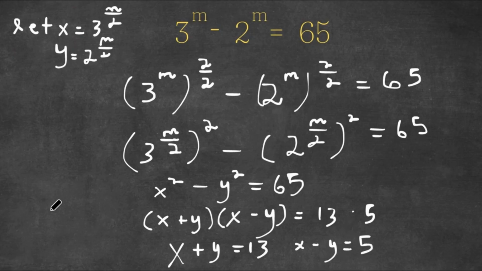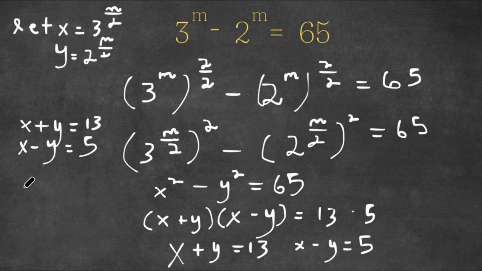So now if I add these two together, x plus y is equal to 13 and x minus y is equal to 5. If I add these two together, I get 2x. There's not going to be any y because plus y and minus y cancel out, and this is equal to 13 plus 5 is 18.